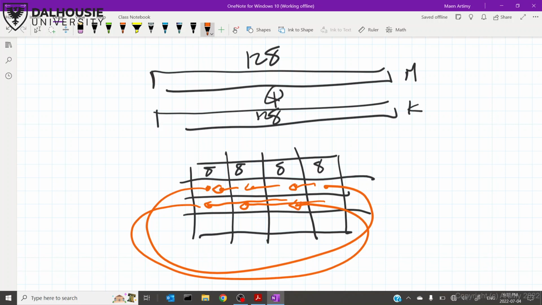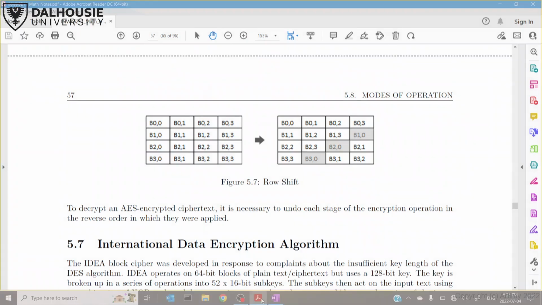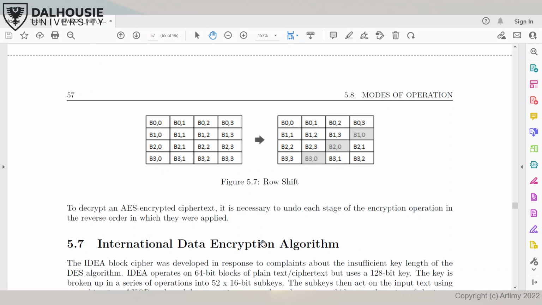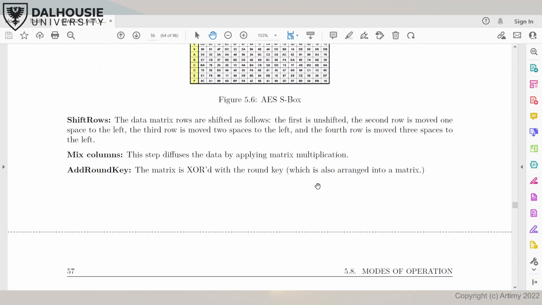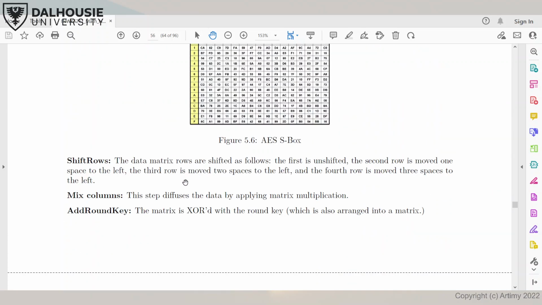So we shift this way. So we end up with a picture like this one. So actually it's more of a rotation, right? It rotates everything. That's the shift row. The mix column is the diffusion part.